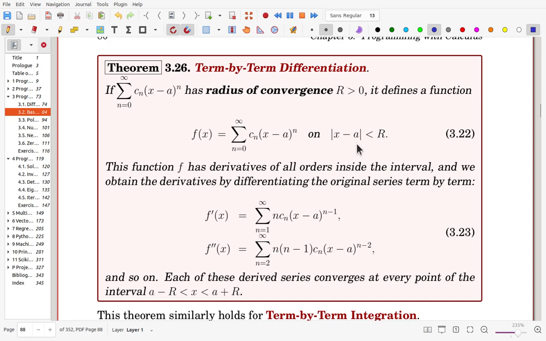Its center is a, and here the radius is R. Inside of this radius R, x is chosen. Then we assume that it is convergent, and because it is convergent, we can name it.